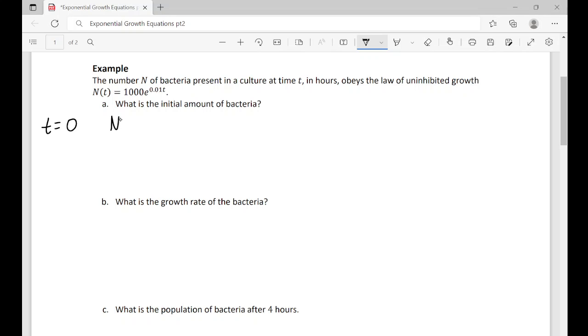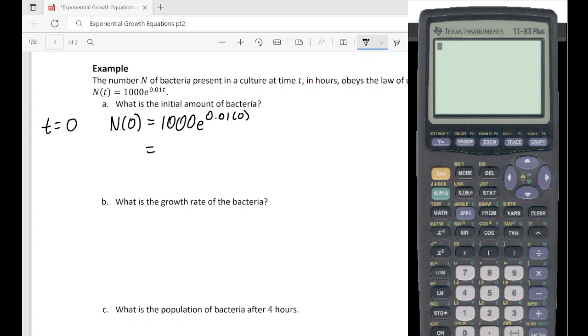So we can say that N(0) = 1000e^(0.01·0). And you can just plug it into your calculator. That's not too difficult to do.